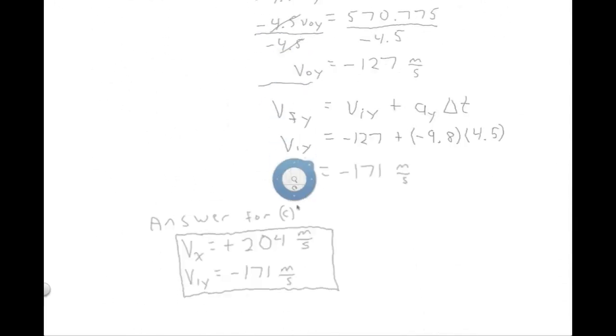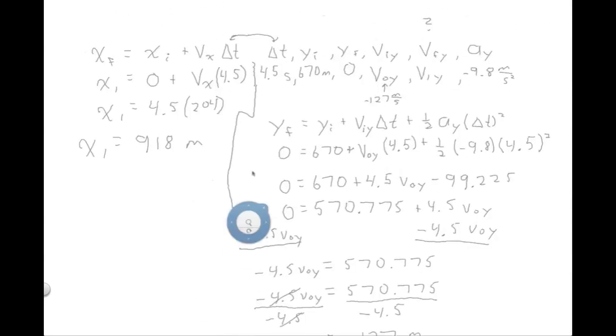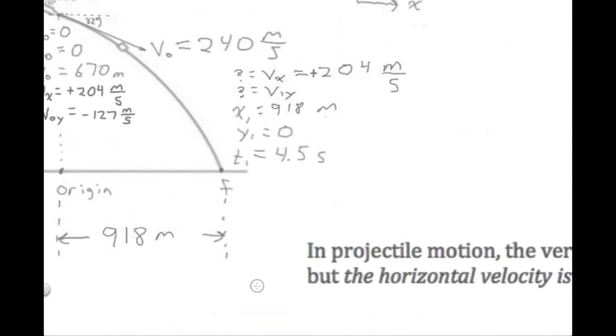We already knew this answer. This is already here in the sketch. So all we have to do now is build in our answer for V1y. V1y, negative 171 meters per second. V1y, there we go. We've built in that V1y equals negative 171 meters per second, as we had worked out up here.